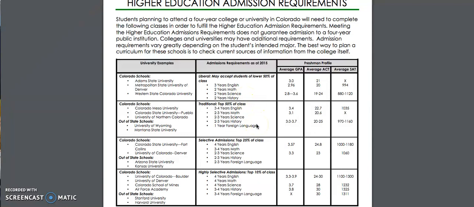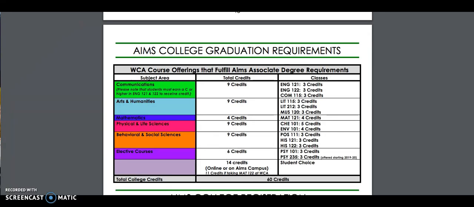Might want 1 year, 2 to 3, 3 to 4. So you really have to decide kind of early on if you want to keep those doors open, or if, when we choose to stop taking some of those core classes or foreign language, we might potentially be closing a door for college admissions. So important to know this chart.